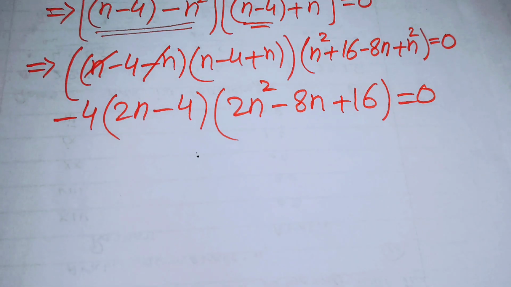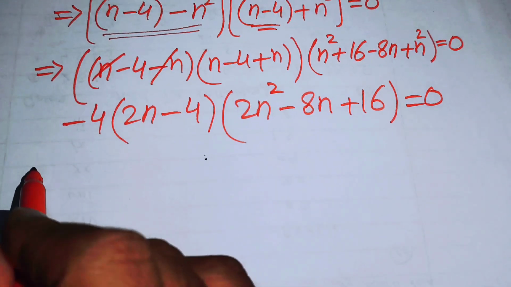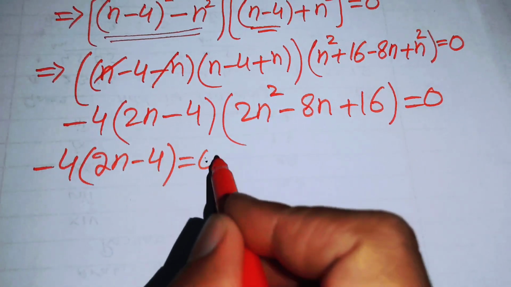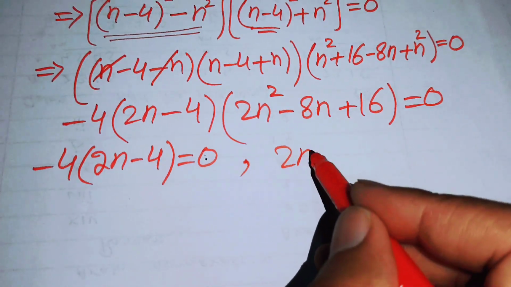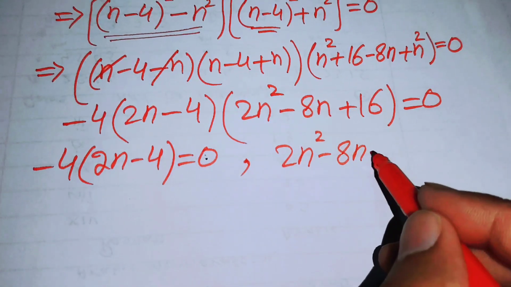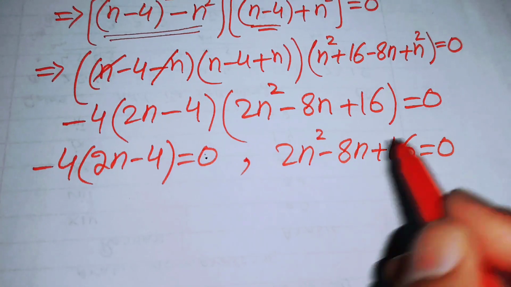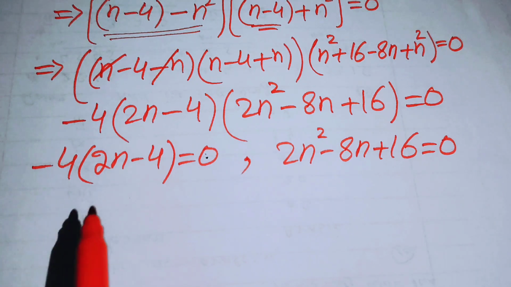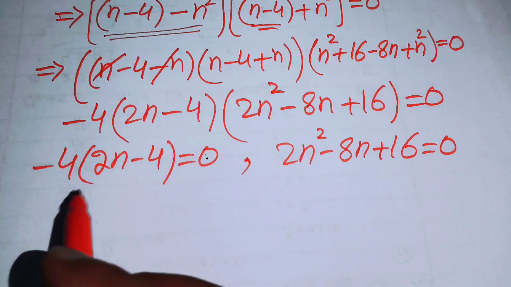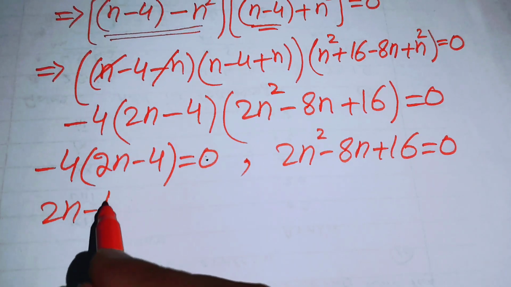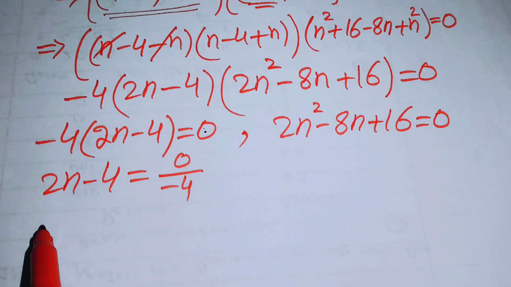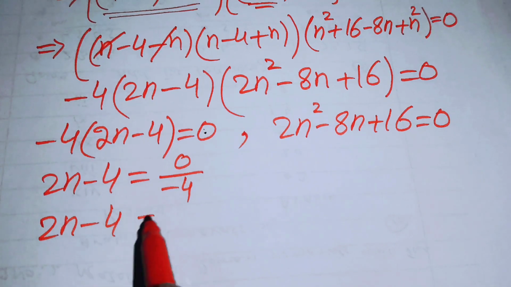So after that, here we have two cases. The first case is we take minus 4 times (2n minus 4) is equal to 0, and the other case is we take 2n square minus 8n plus 16 is equal to 0. So now you can solve these two cases, and in the first case we move this minus 4 to the right hand side, and you will get 2n minus 4 is equal to 0 over minus 4. So 0 over minus 4 will be equal to 0.